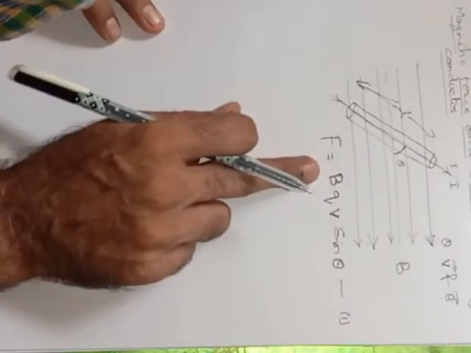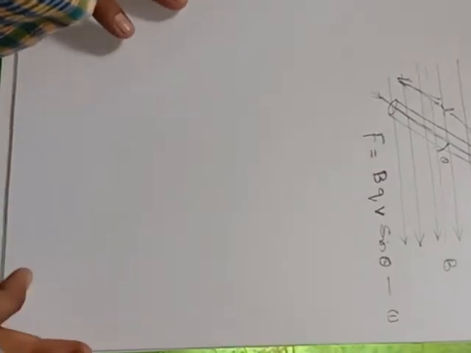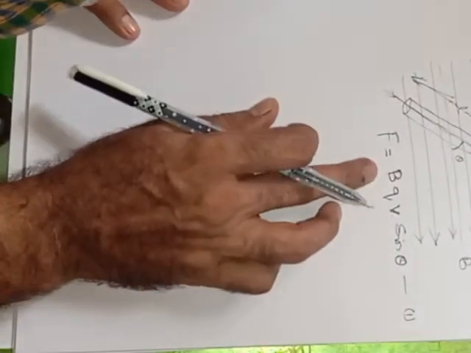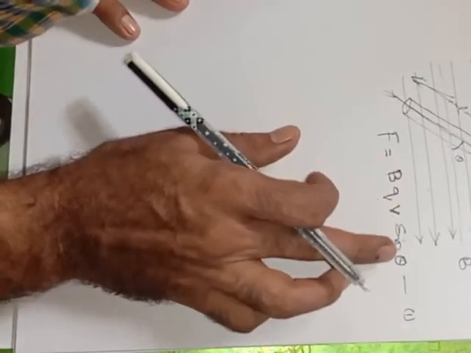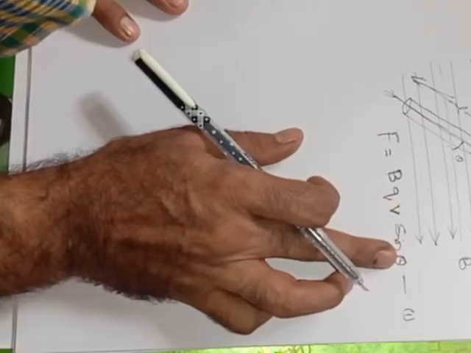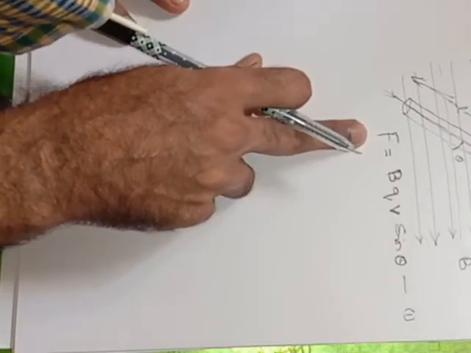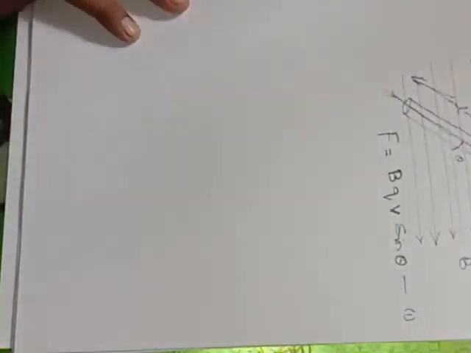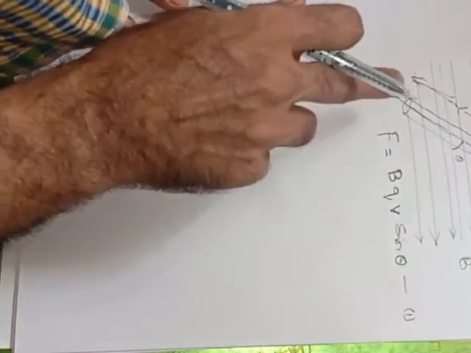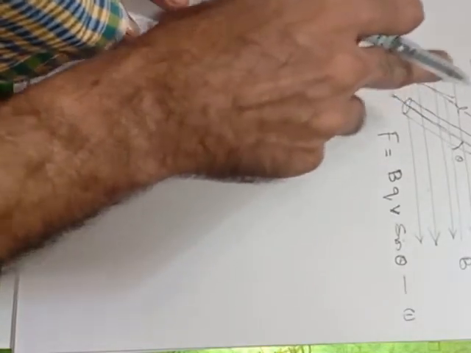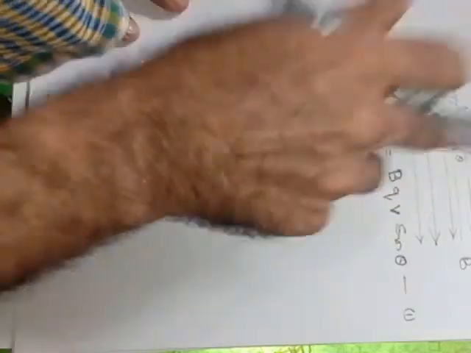Already, day before yesterday only, we have proved that F is equal to B into Q into V into sin theta. This indicates that this is the magnetic force experienced by a charged particle. Now we have to derive the relation for the magnetic force on a current carrying conductor.